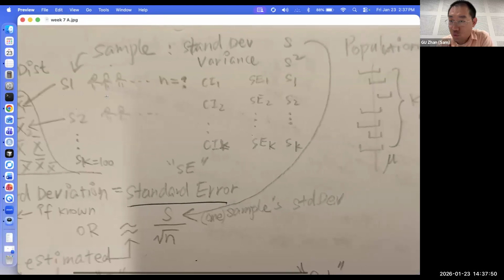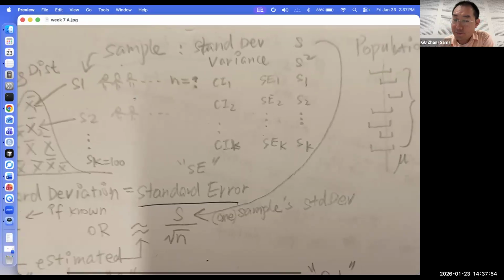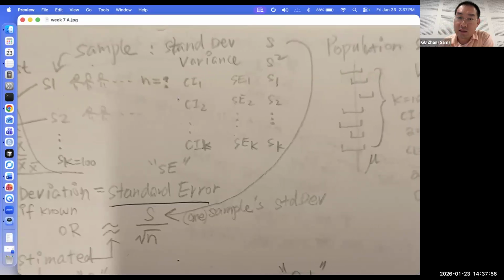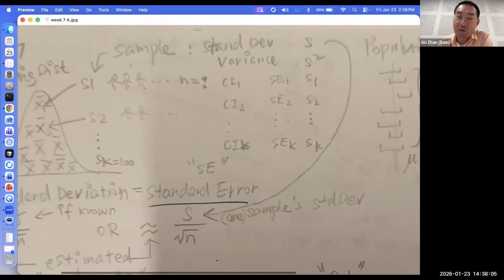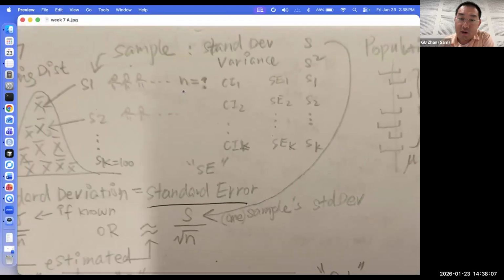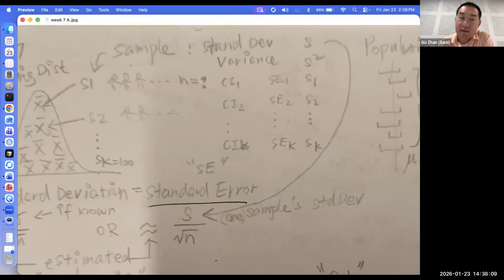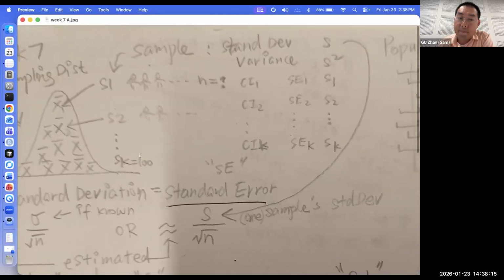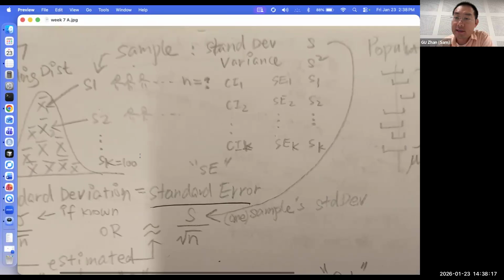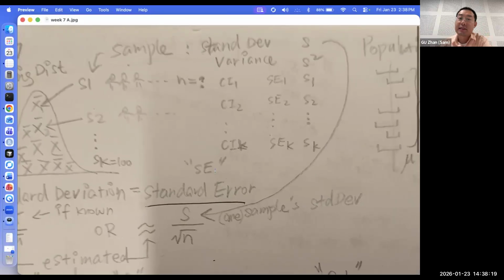For this sample 1 that we collected, we can calculate x bar 1. We can also calculate the standard error and the confidence interval for that particular sample. The standard deviation of this sampling distribution is called the standard error.